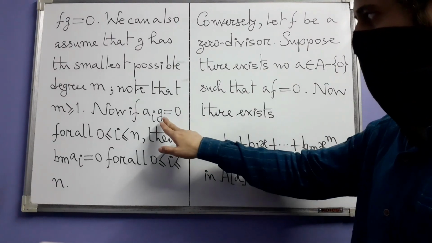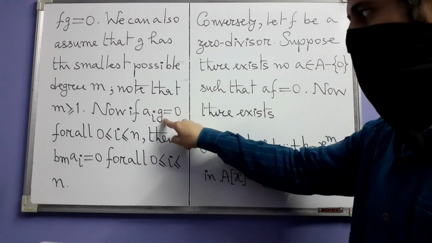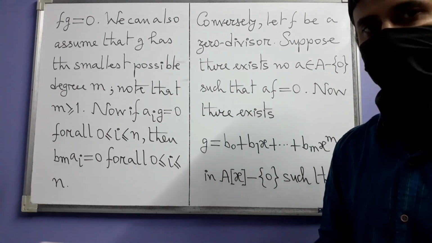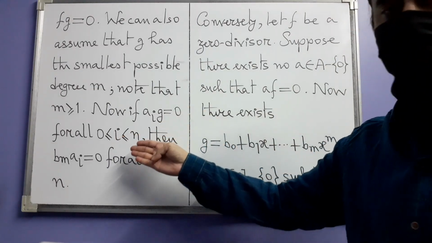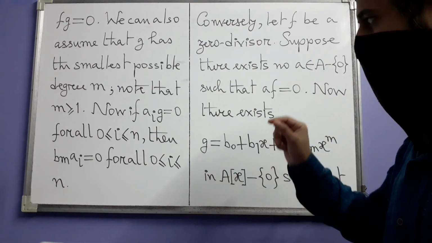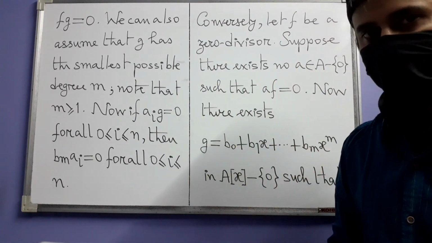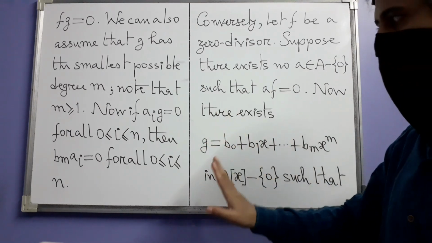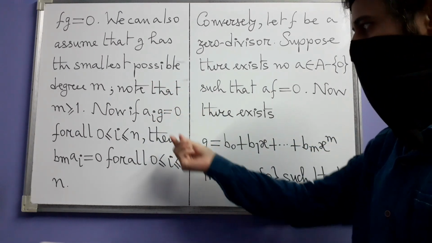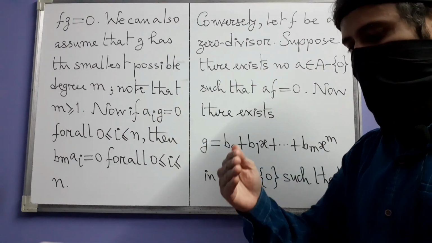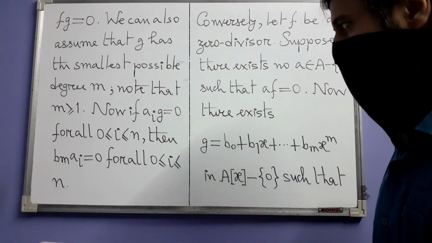Now next you concentrate on these products, the products of g and the coefficients that we have in f, that is the ai's, where of course i varies from 0 to n. If we assume that all these products are equal to 0, say we assume for a moment that all these products are 0, that means you take any coefficient from the polynomial f and you multiply g with that, you are going to get 0.